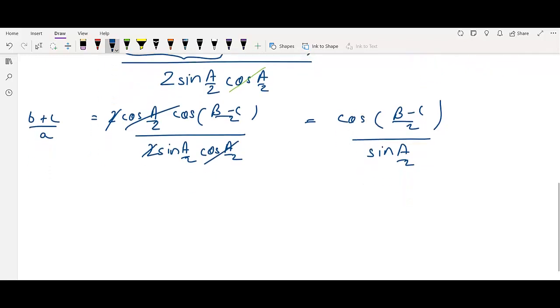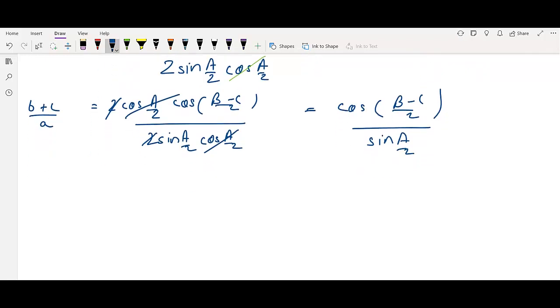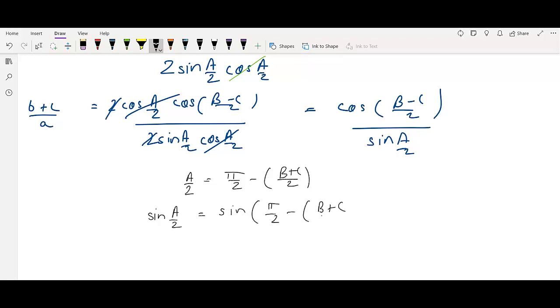Now as in the previous step I can also convert this sine into cos, right? As I told you earlier, a by 2 equals pi by 2 minus (b plus c) by 2. If I take the sine on both sides, sine a by 2 becomes sine of (pi by 2 minus (b plus c) by 2). And what is sine of pi by 2 minus x? That is just cos x.